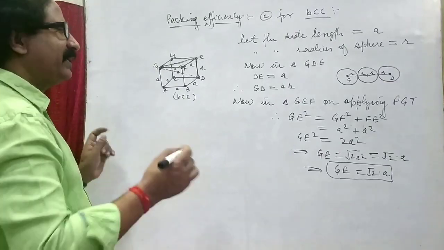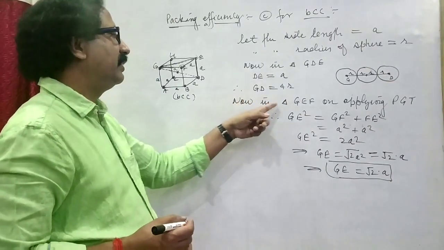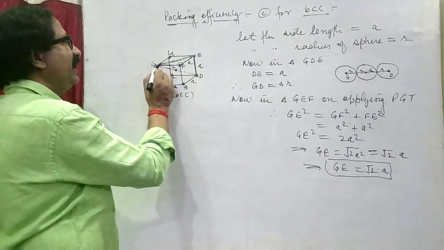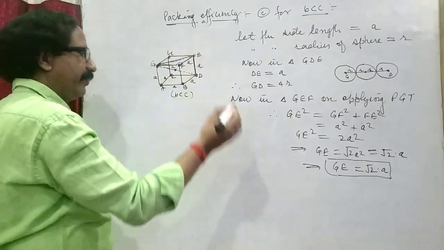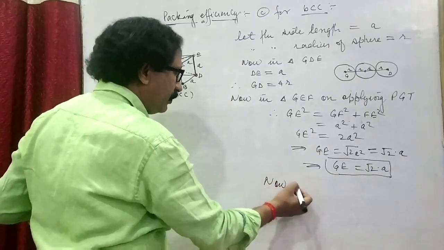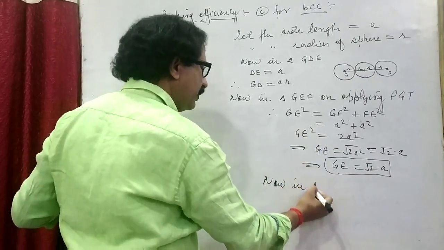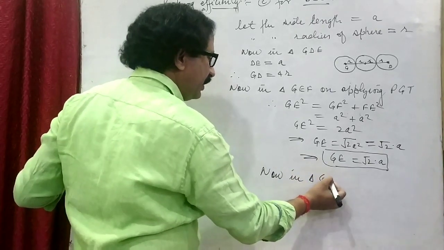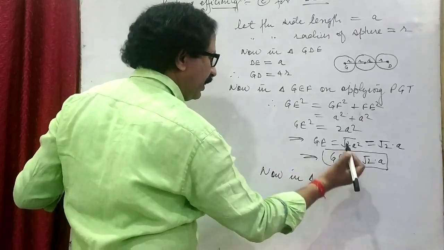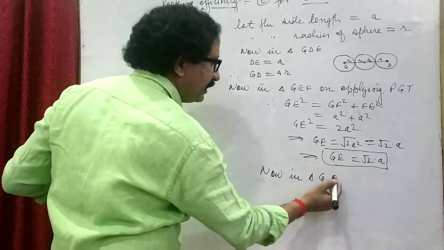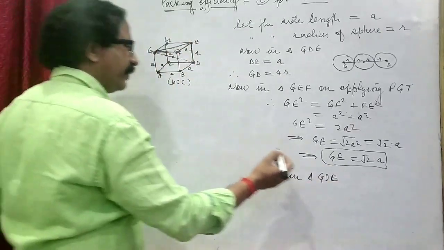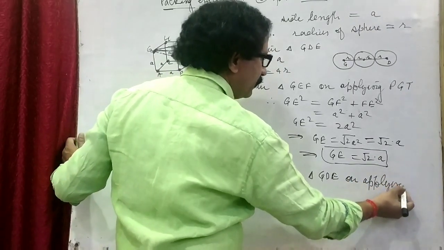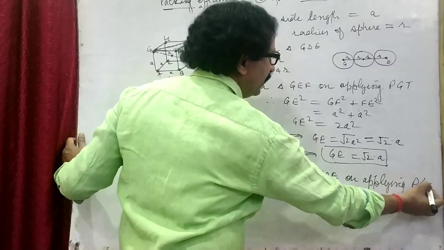Okay? Now again come on triangle GDE. Now in triangle GDE, this is the D, on applying PGT.